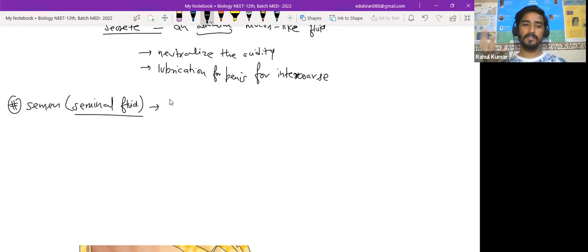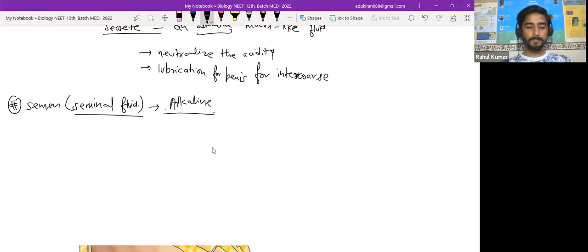You already know around 60% of it is contributed by seminal vesicle, and the rest 30 to 35% comes from prostate, and just 5 to 7% comes from the bulbourethral, if it is asked, just to let you know. Okay, and it is alkaline, of course.